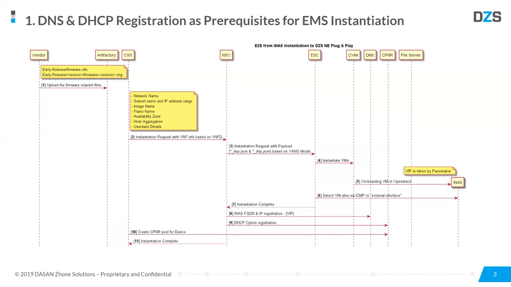So the IP pool will be assigned into the CPNR. And the whole procedure is done, and finally the EMS instantiation is completed. So this is the sequence of the INAS instantiation.